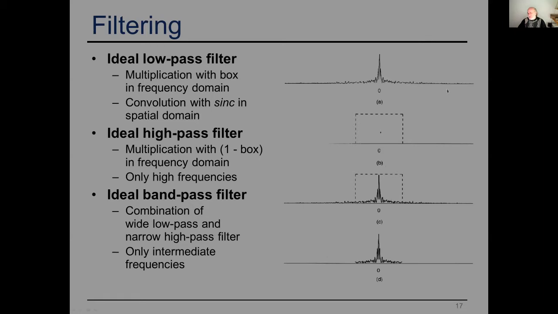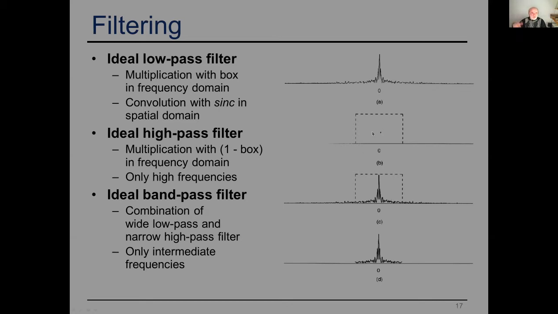So we have the original function here at the very top, and we multiply with a box function, which nulls out all the high frequencies that are further away from the origin. The box function is 1 within the box. So we essentially only get the part of the function that is within the frequency range that's covered by this box.